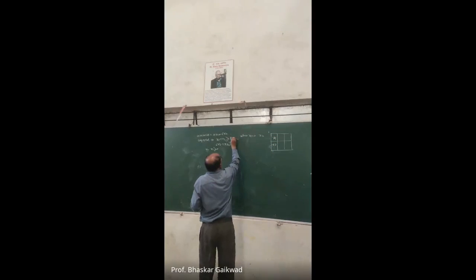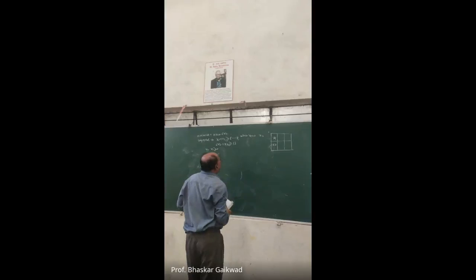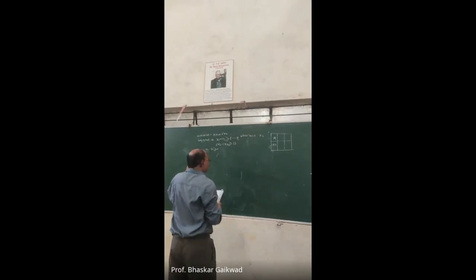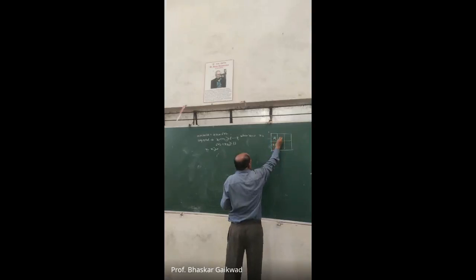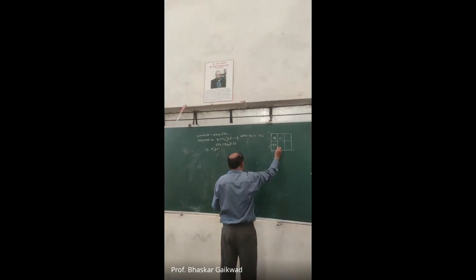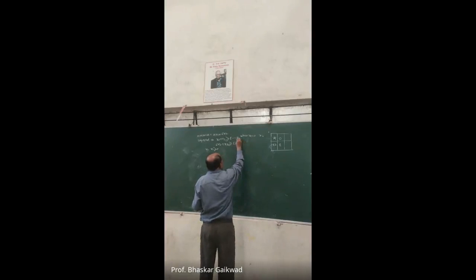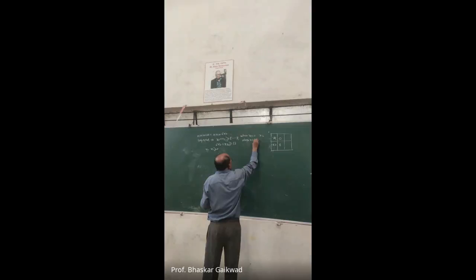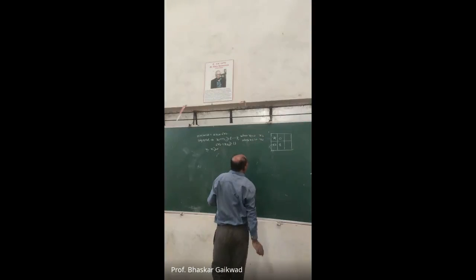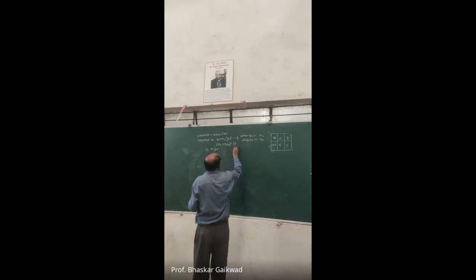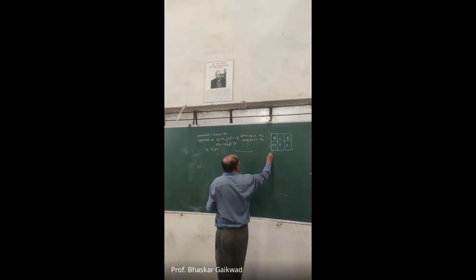Related to our first equation, when x1 is 0, what should be x2? 8, correct? Similarly, when x2 is 0, what should be x1? 8. So this is related to our first. Similarly, you can take the next.